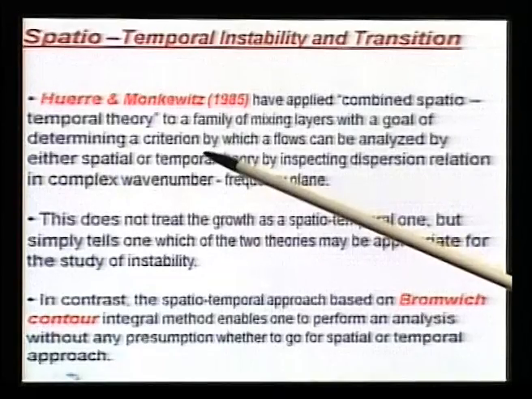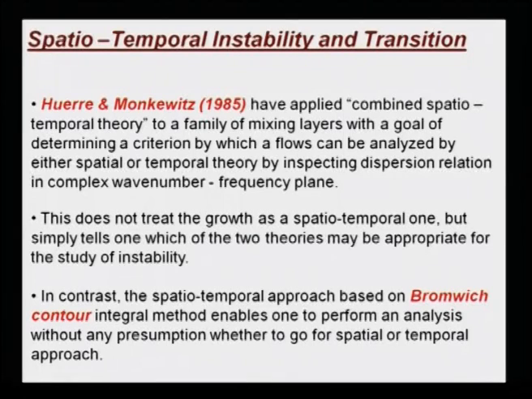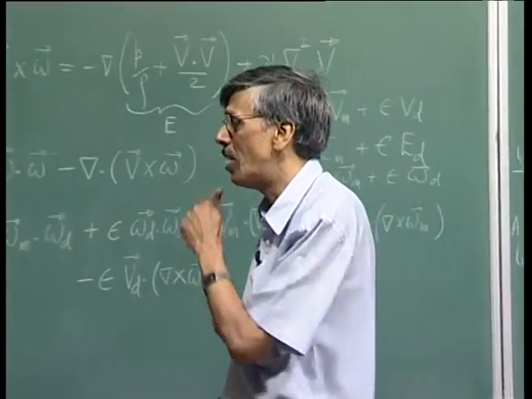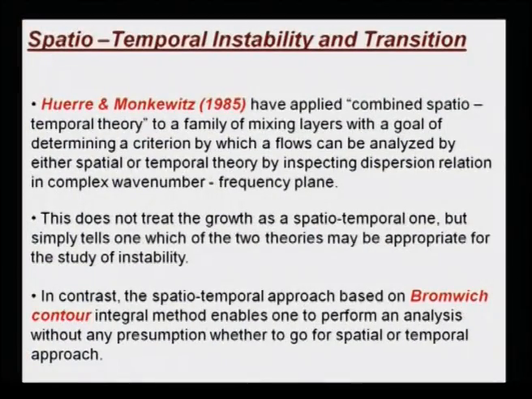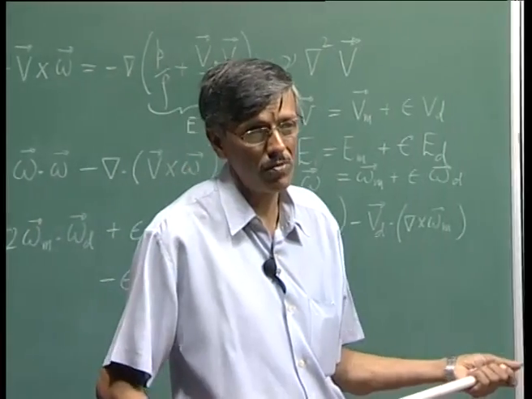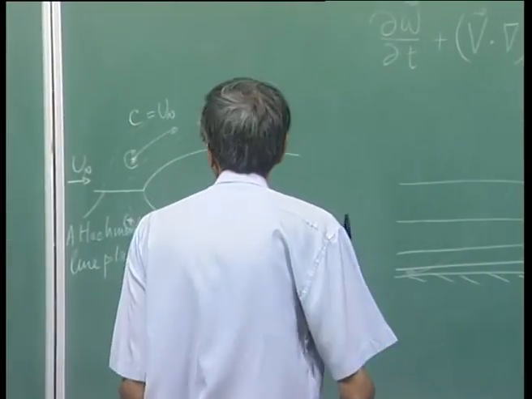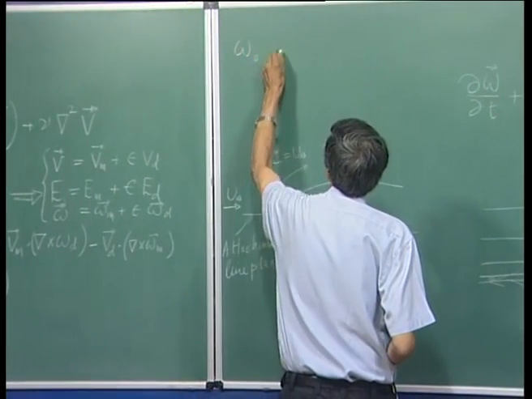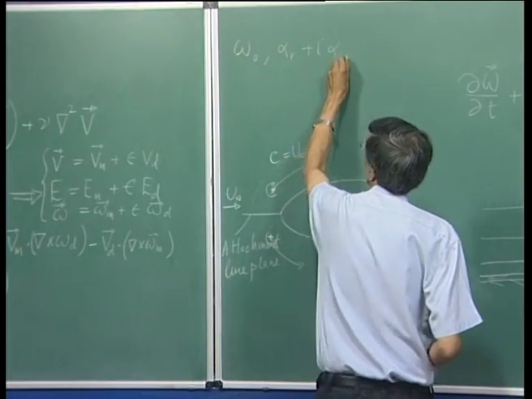They were interested in finding out a criterion by which a flow can be analyzed using either the spatial or the temporal theory. What they did was inspect the dispersion relation in the complex wave number-frequency plane. You recall what we do in spatial theory: we take real omega and complex alpha.